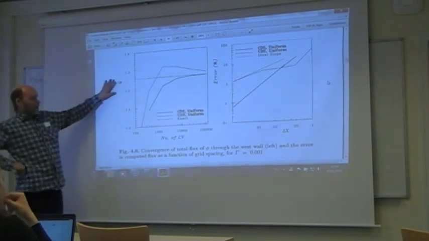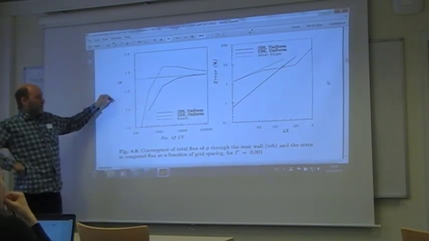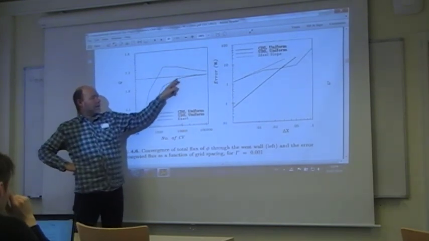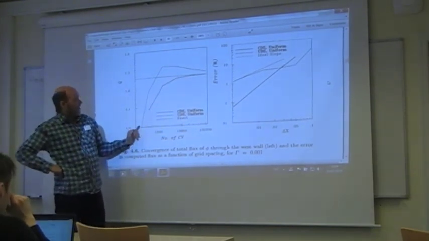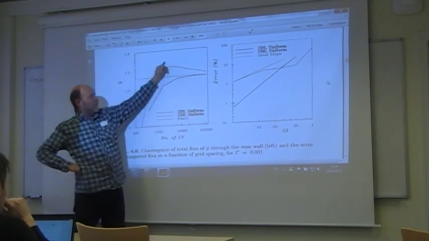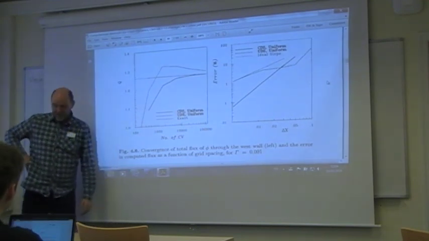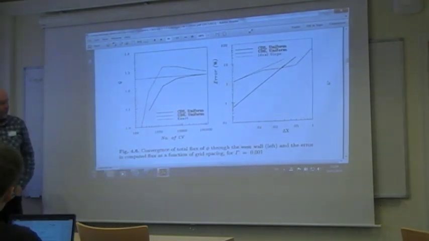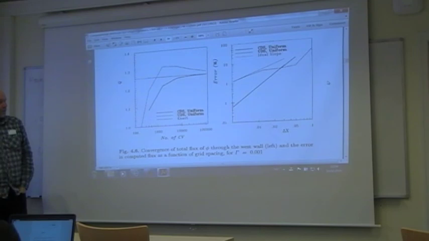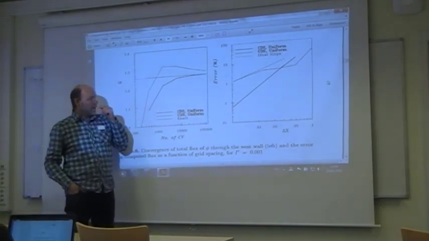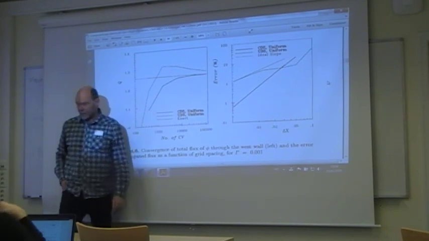For the actual error, the central differencing scheme operates quite nicely. The upwind scheme has quite a large error, and you have to have a lot of cells to get a good accuracy for the solution. So quite expensive actually, but stable. So that's the whole point.